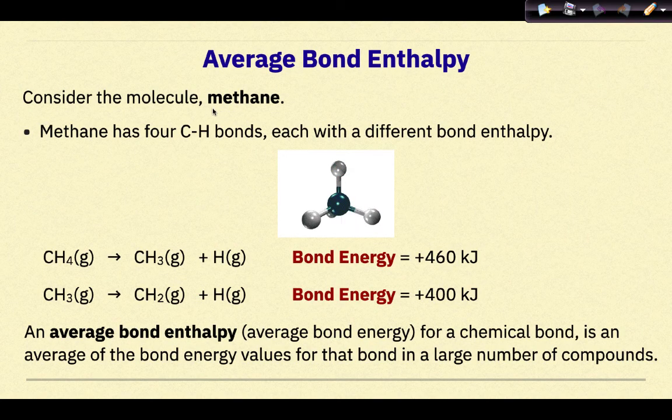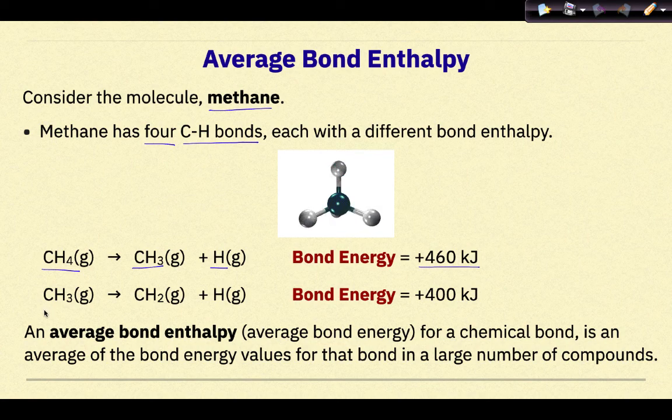Consider the molecule methane. Methane has 4 carbon to hydrogen bonds, each with a different bond enthalpy. So methane in the gaseous state, if we remove 1 hydrogen and it becomes CH3 and then 1 hydrogen atom by itself, that requires 460 kilojoules of energy.